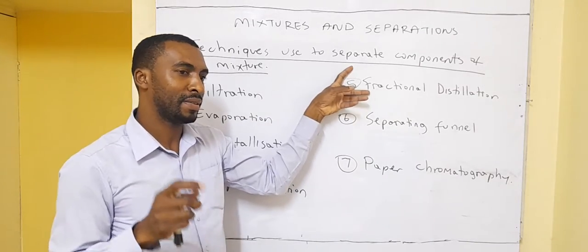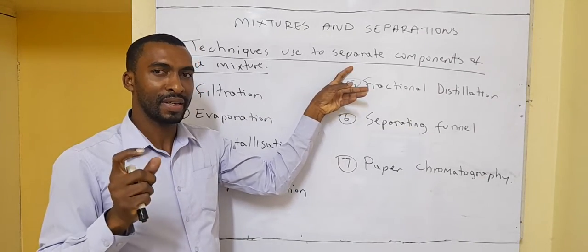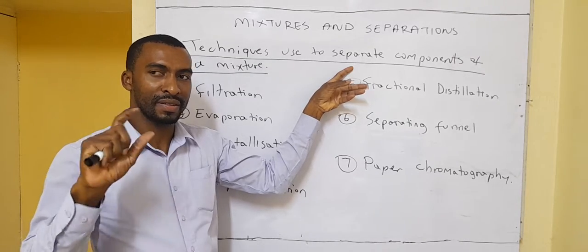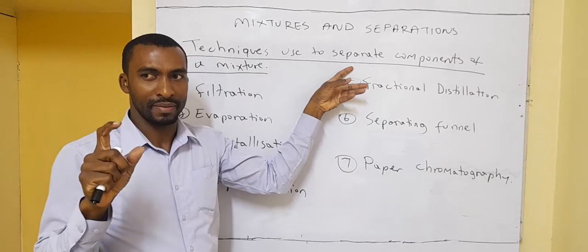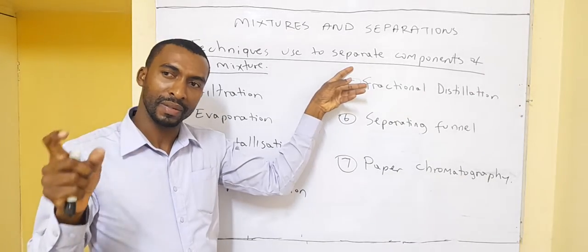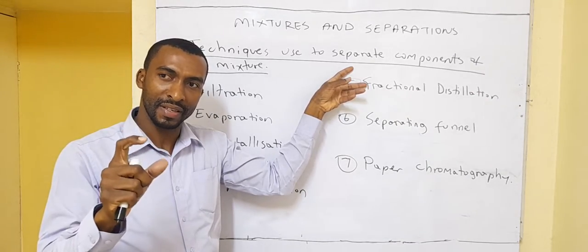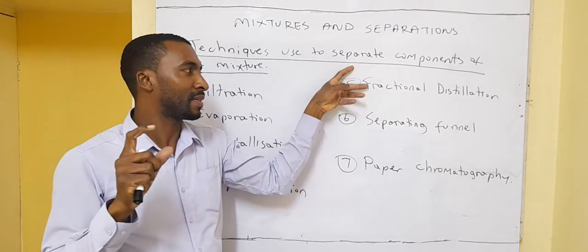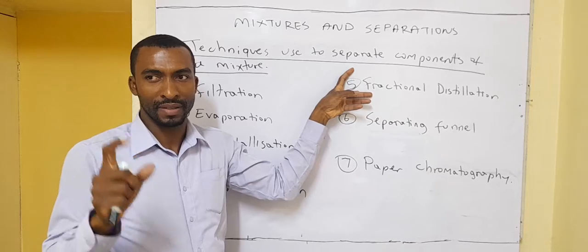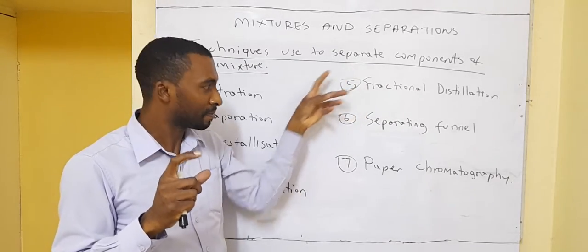Fractional distillation is used to separate a solution in which the solute and solvent have close boiling points, like ethanol and water. The boiling point of ethanol is 78, and of water is 100. Simple distillation will not be able to separate ethanol from water, so we have to use fractional distillation.